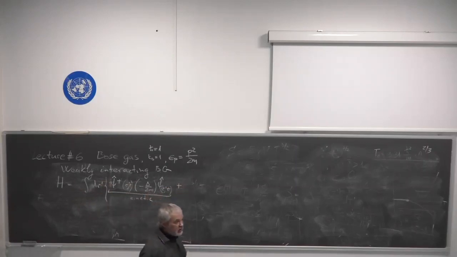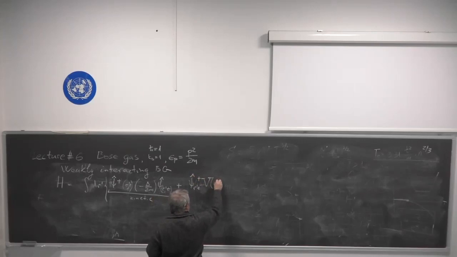Then the energy associated with the fact that my particles, for example, are in an external potential: psi dagger r prime t, V r prime, psi r prime t. Psi are the second quantized operators as a function of coordinate and time.